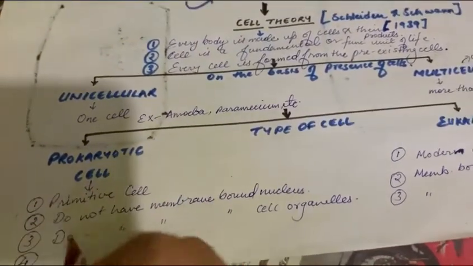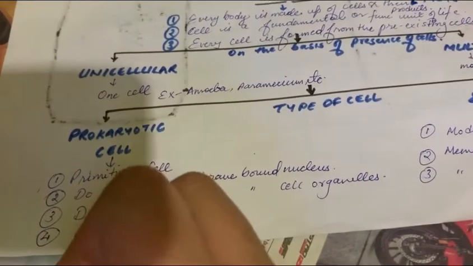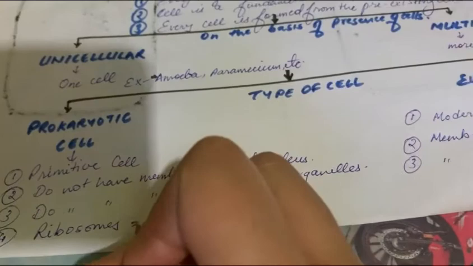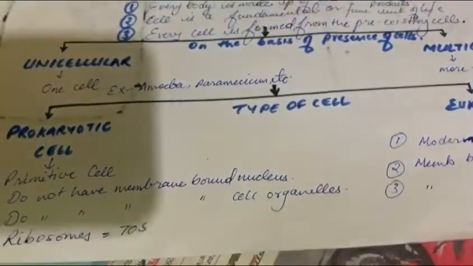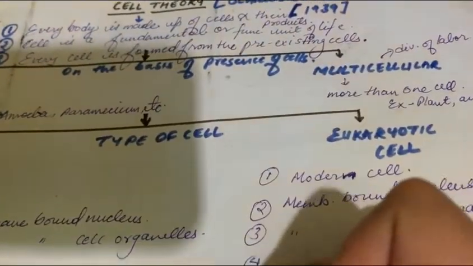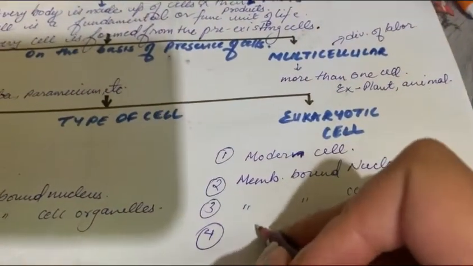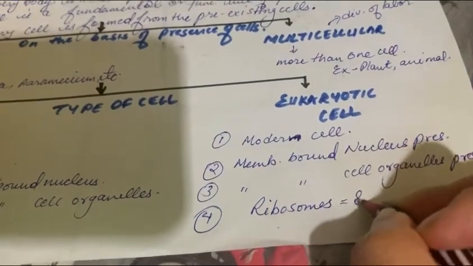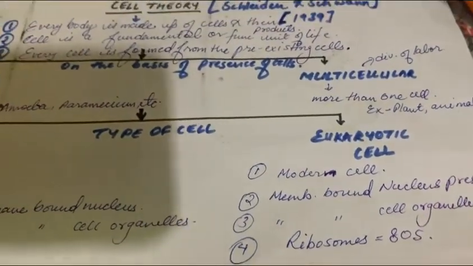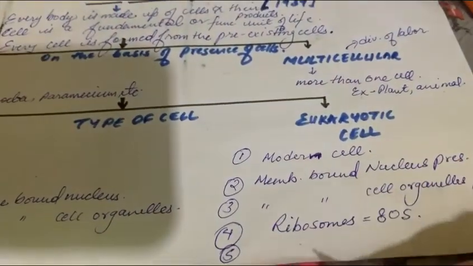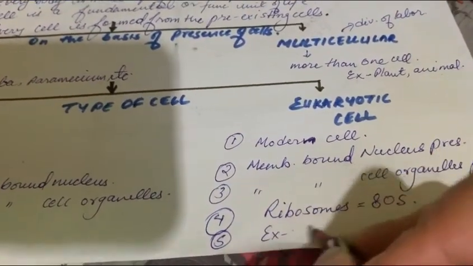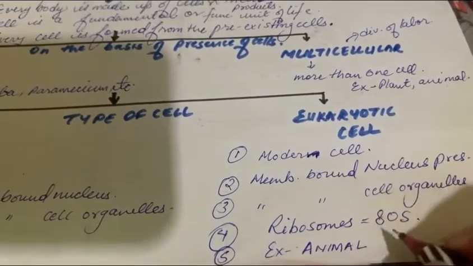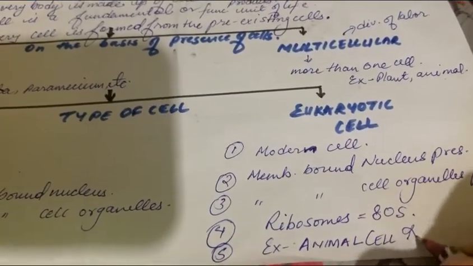Next, prokaryotic cells have ribosomes which are 70S, whereas eukaryotic cells have 80S ribosomes. Always remember, very good examples of eukaryotic cells are the animal cell and plant cell.